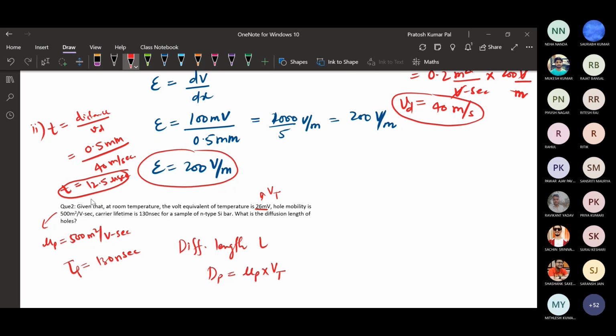From there we can find Dp, and we already have tau p. So the diffusion length Lp will be given by the square root of Dp times tau p. Vt and mu p are given, by multiplying we get Dp, and from there, with Dp and tau p available, we can find Lp.